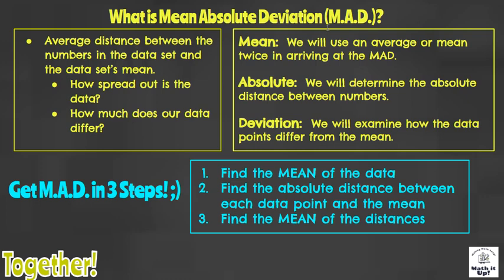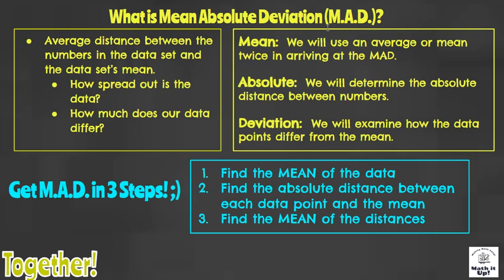Absolute: the word absolute is in there because we are going to be finding the absolute distance between numbers, so no consideration as to whether it's negative movement or positive movement. We're just getting the absolute value of the distance between our numbers. And then deviation is really about the differing from the mean. That's where the deviation part comes in.